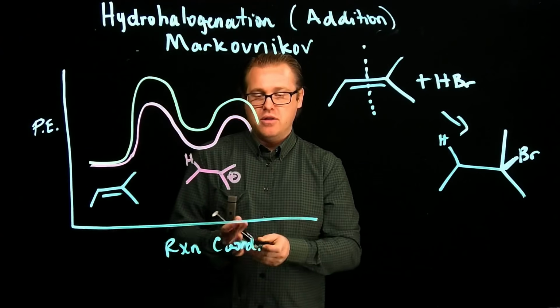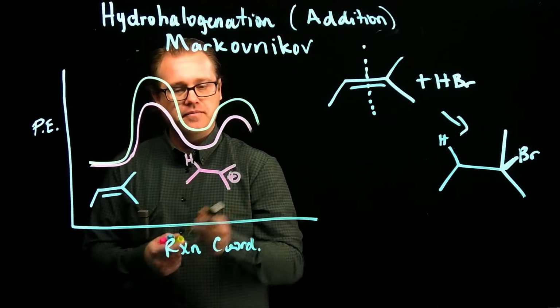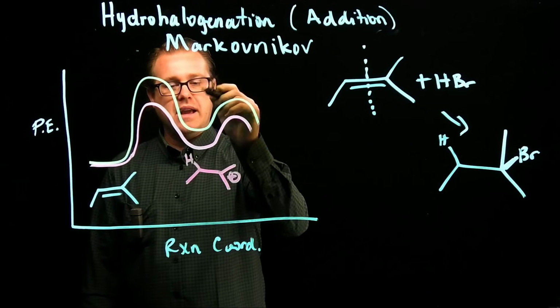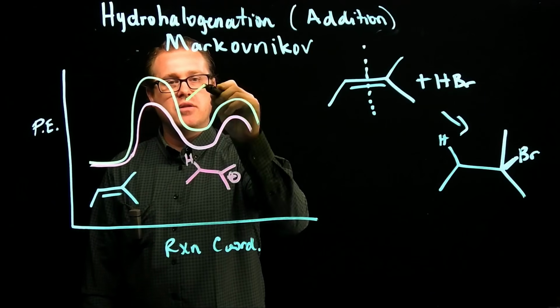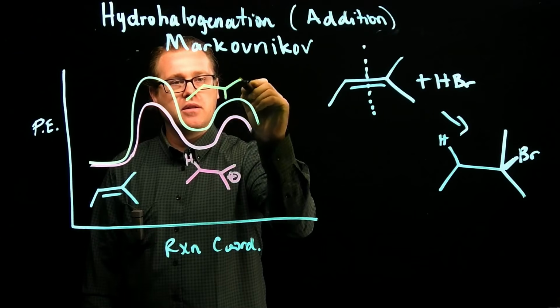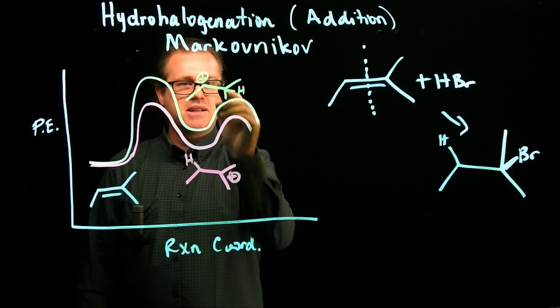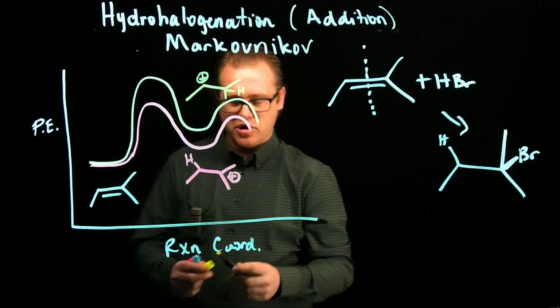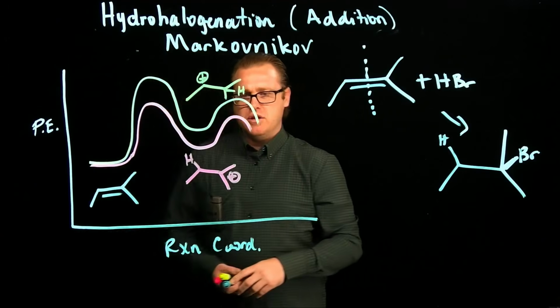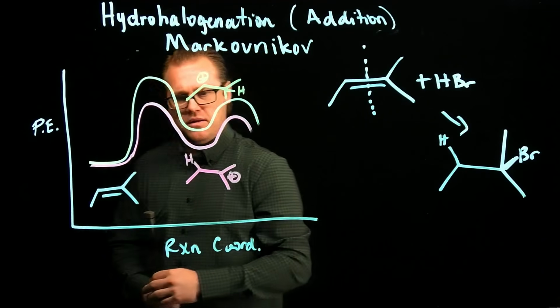Whereas if we don't follow Markovnikov's rule, we would get the intermediate that looks like this. And so we would have a secondary carbocation versus a tertiary. Just look at it energetically right here.